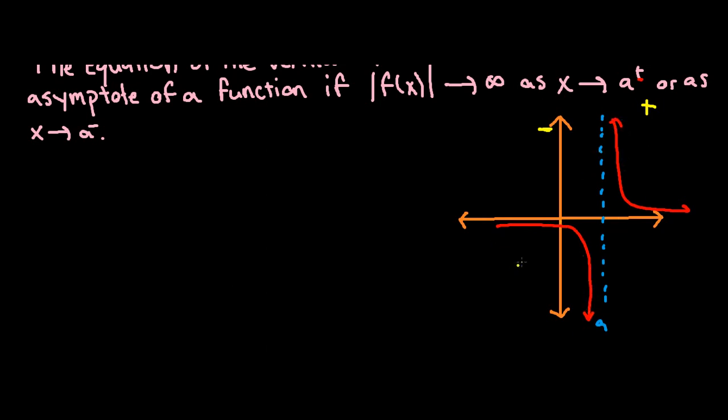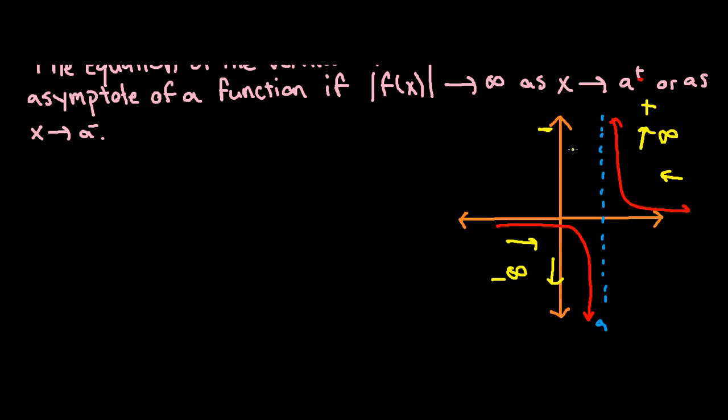Here it is approaching minus infinity. So as our x values get closer and closer to a, our y values are going to infinity. And in this case, it's negative infinity, but since this is an absolute value, it doesn't matter. And that's what it's saying. Here we can see that as we get closer to a, y goes to infinity.